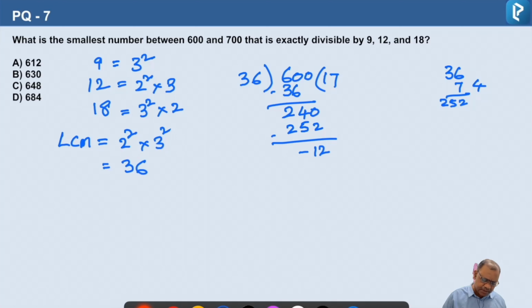That means we need to add 12 more to 600, then it is divisible by 36, 17 times. So 600 plus 12 becomes 612. So 612 is the correct answer, the smallest number between 600 and 700 which is divisible by all these three numbers. Option A is the correct answer.